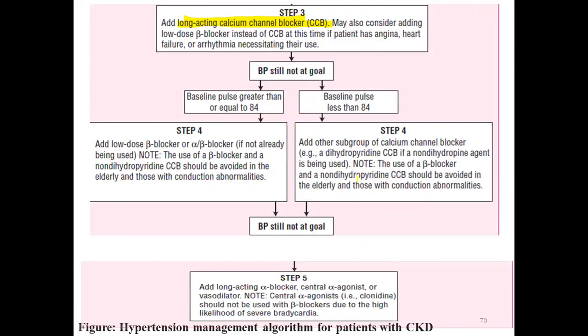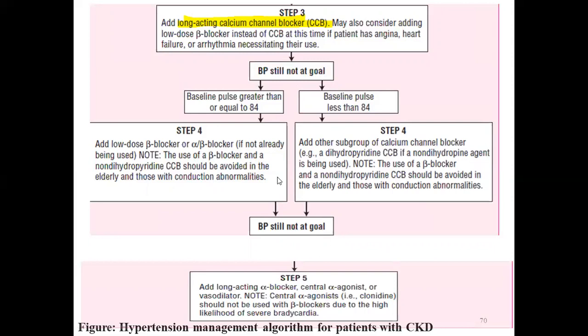Then if we are still not able to achieve our goal, maybe we can add a low dose beta blocker, which is commonly recommended, and the algorithm will continue, even including adding a long-acting alpha blocker and centrally acting alpha agonists such as clonidine.